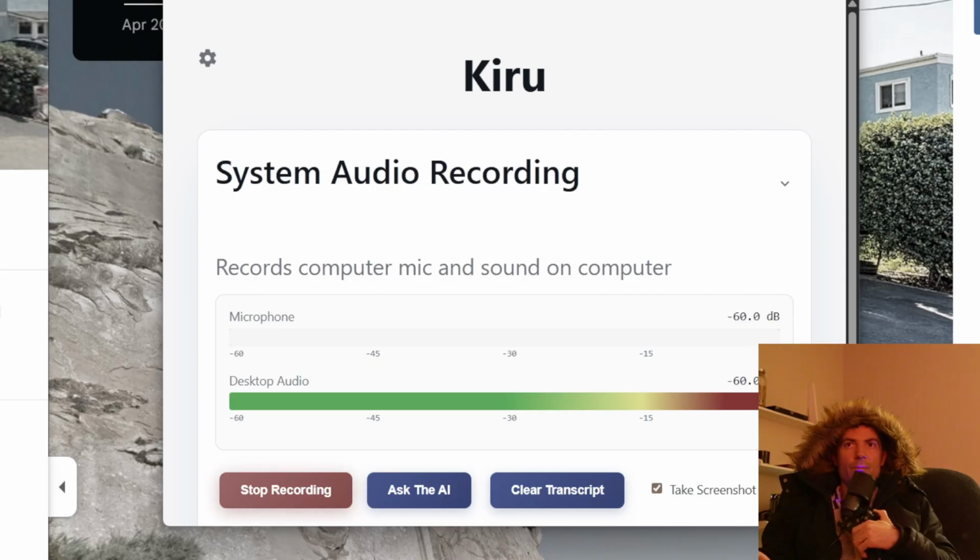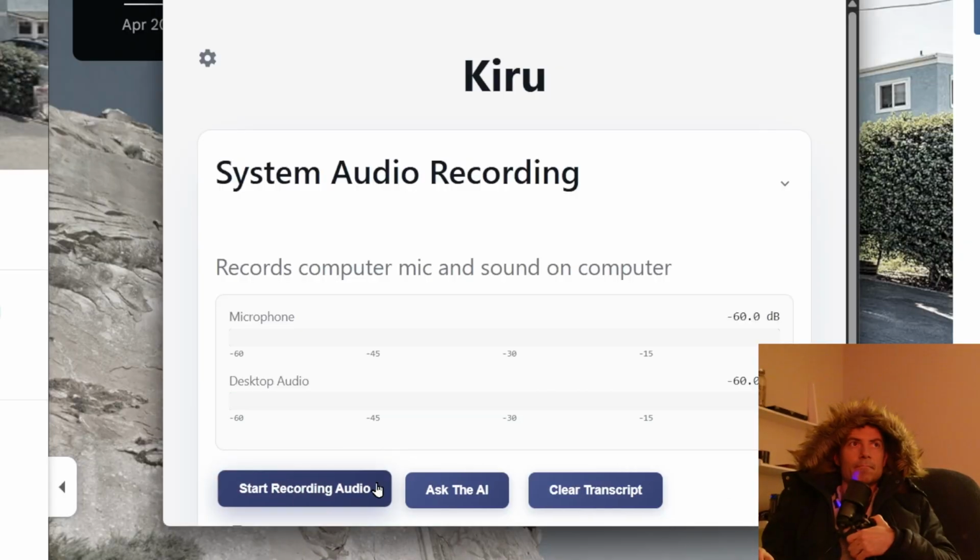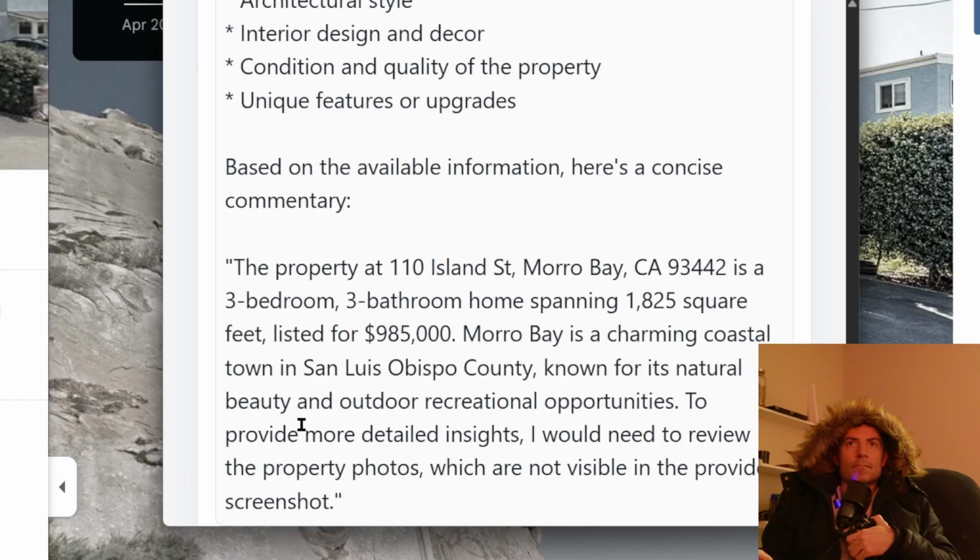The microphone's back. Okay, now it's reading.